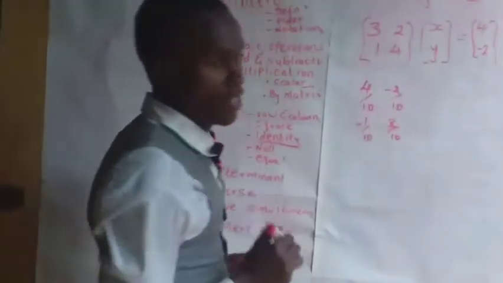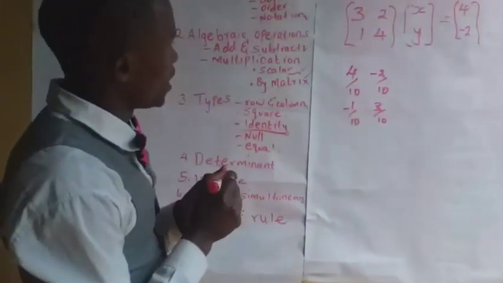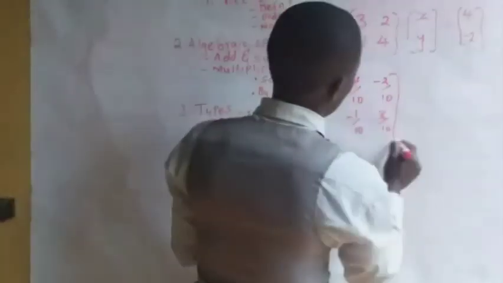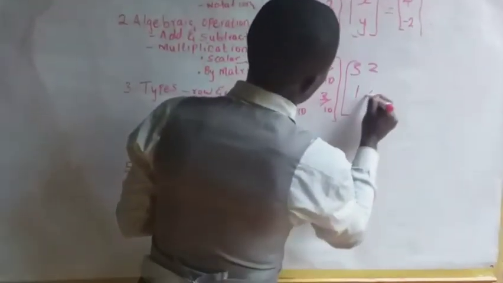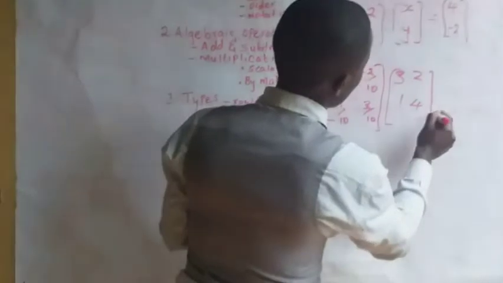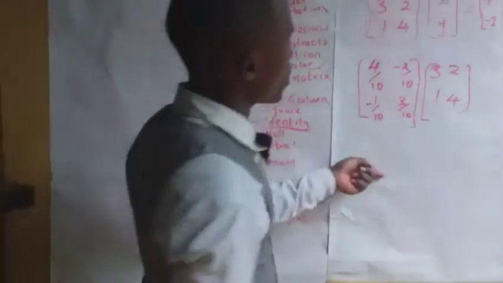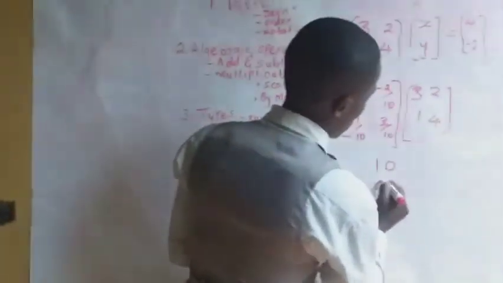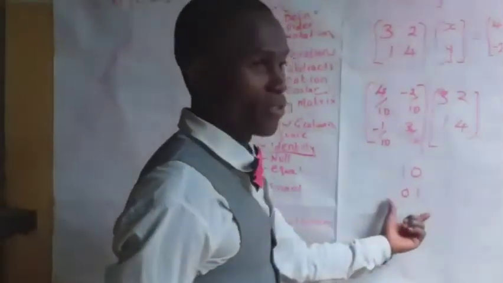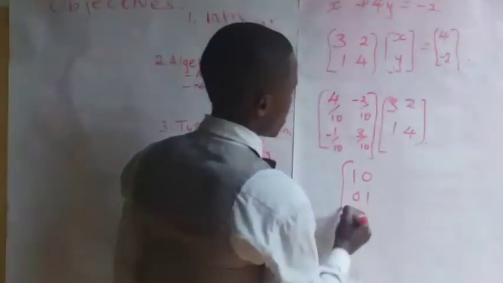That is the inverse that we got. And if we multiply it by this matrix, 3, 2, 1, 4, you remember how we said we would be multiplying matrices, you will get an identity matrix, 1, 0, 0, 1.